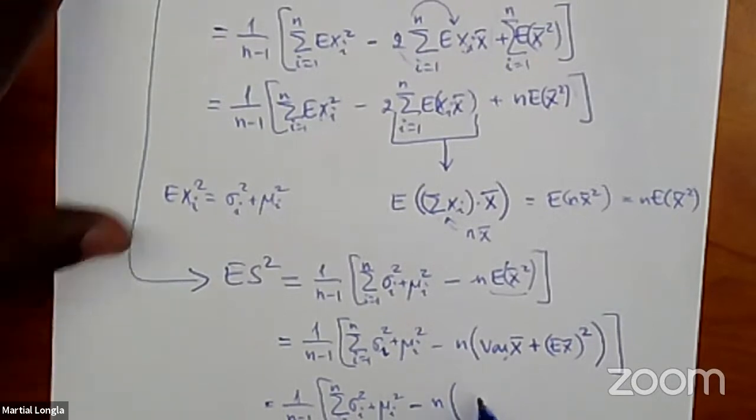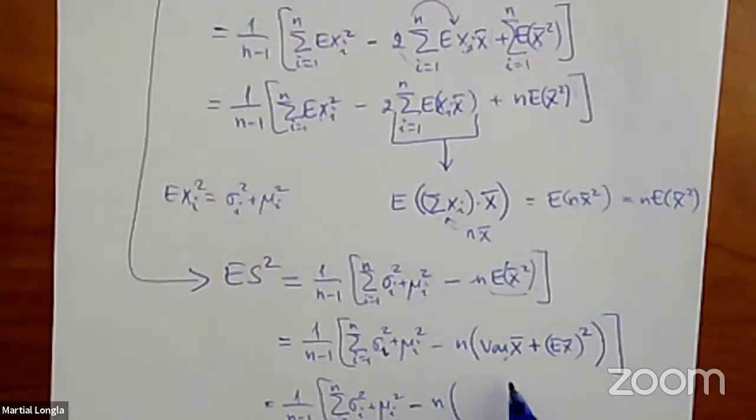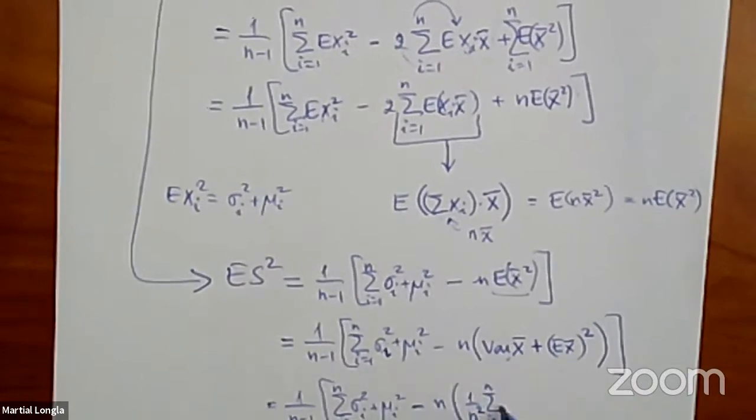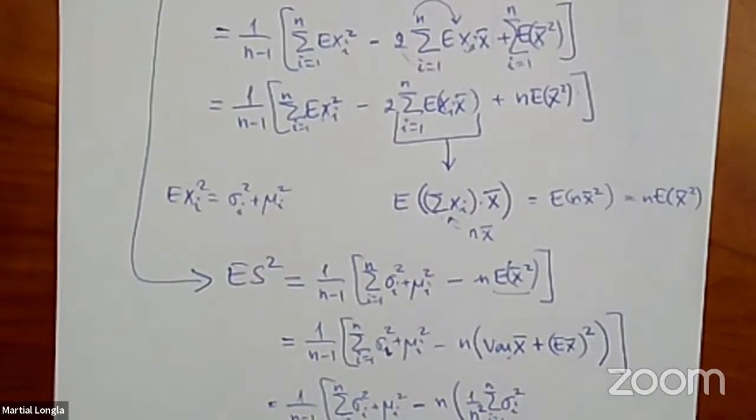We got that to be 1 over n squared times the sum from 1 through n of sigma_i squared. That's what we got here, right?